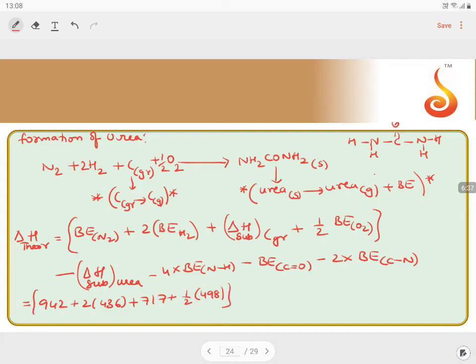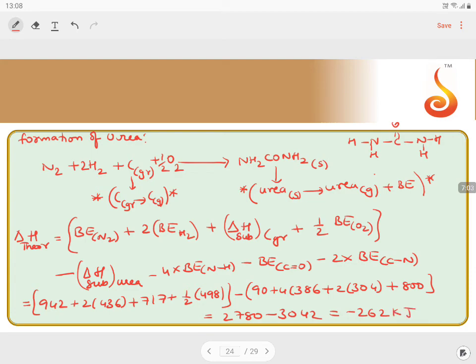This is all your reactant side, minus 90 plus 4 into 386 plus 2 into 304 plus 800, which is equal to 2780 minus 3042, which is minus 262 kilojoules.